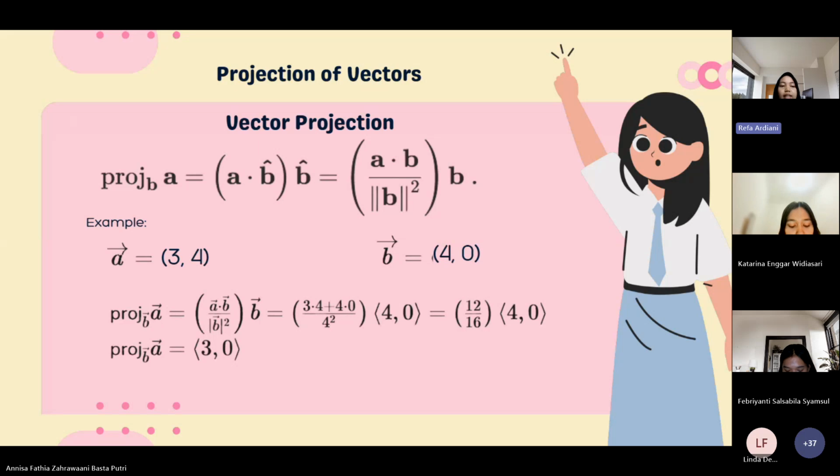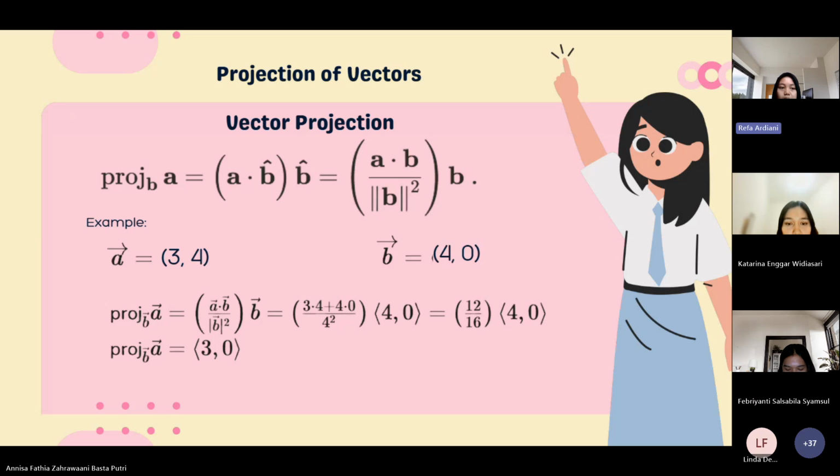Okay, the next slide is vector projection. Unlike scalar projection, which gives only a number, vector projection gives a vector. In other words, vector projection provides both magnitude and direction.